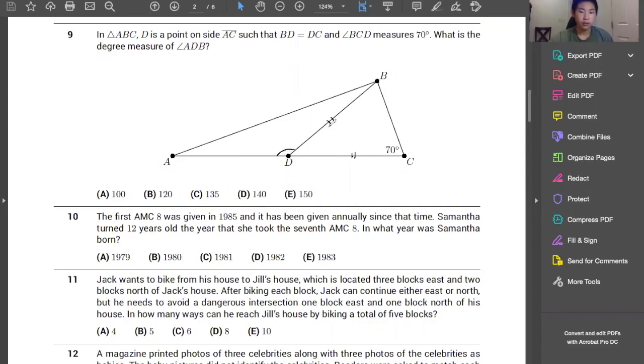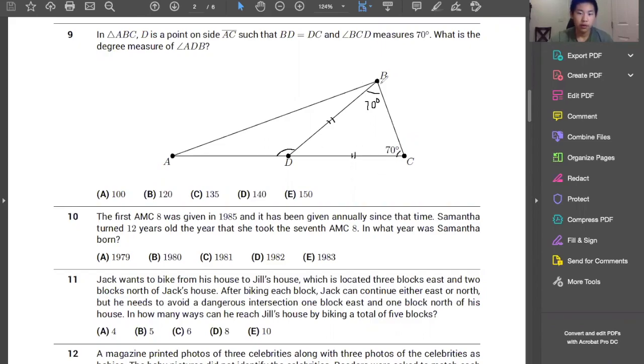So the first thing we see is that BDC is an isosceles triangle since two of the sides are equal. And whenever we have an isosceles triangle, we know that the two base angles are the same. So this will also be 70 degrees since we also had 70 degrees over here in the corner.